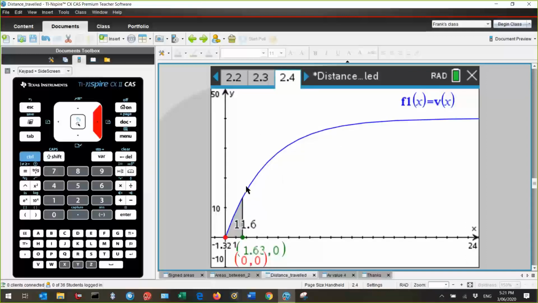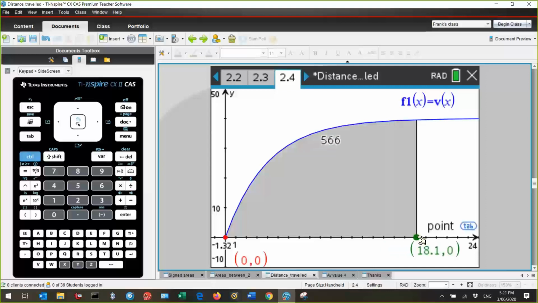So graphically, I can see that as I move along, I get more and more area under the graph, which corresponds to the distance travelled. So by the time I get to 18, 562, the same answer that I got earlier.